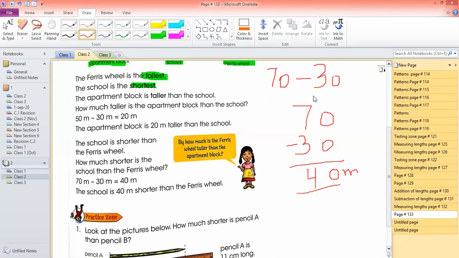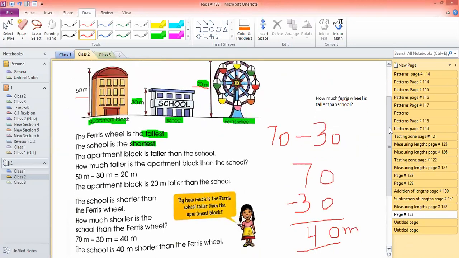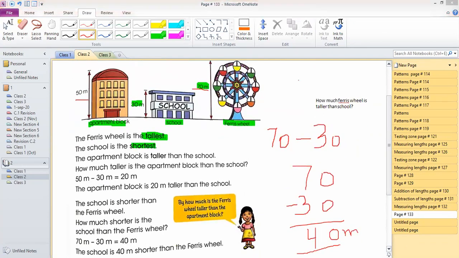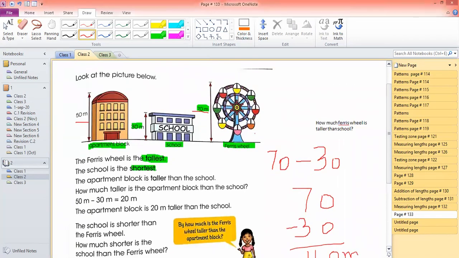Okay, that's the answer. Now you understand how you can find out? That's very good. I repeat it for you, and this is not for one student, I repeat for every student. Guys, you check the height of the Ferris wheel, that was 70, and then you check the height of the school.